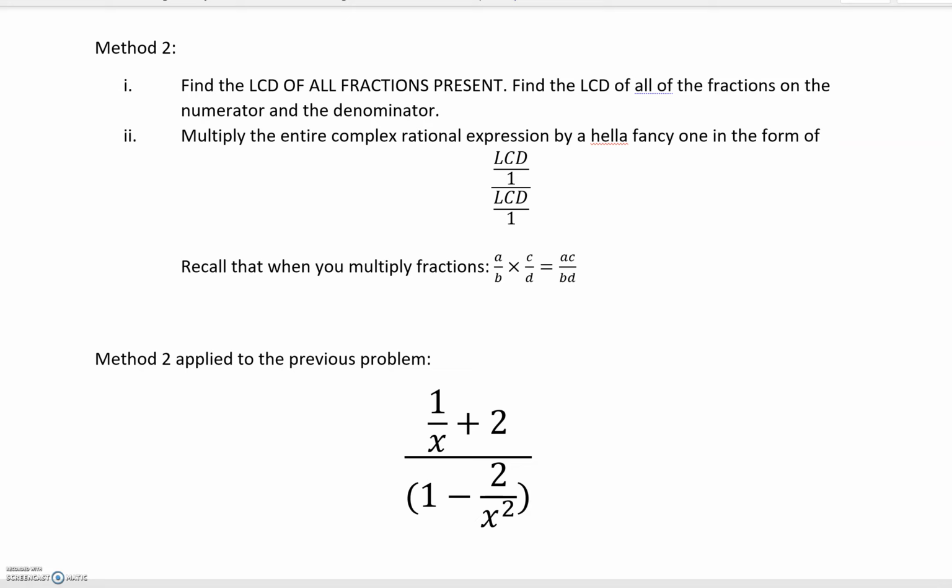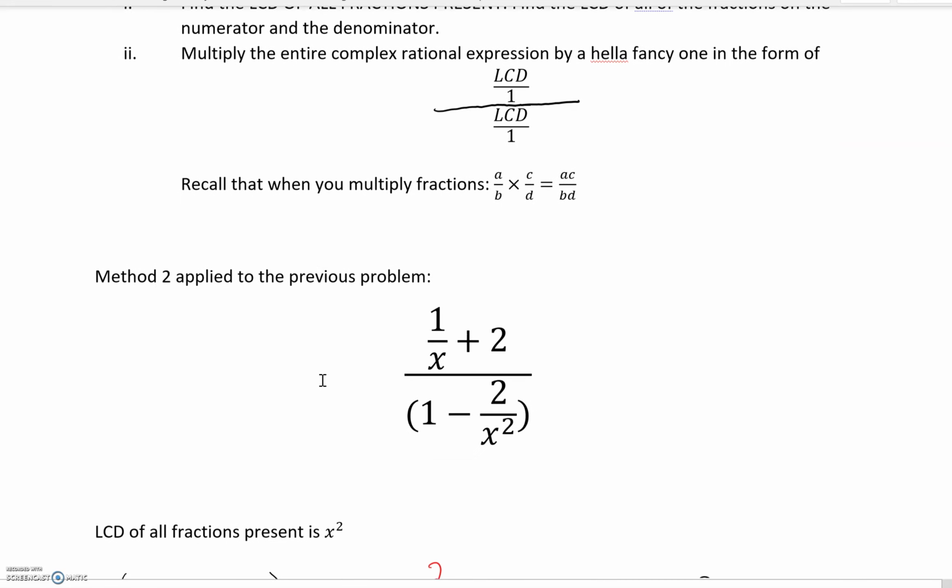And then what? You're going to multiply the entire complex rational expression by a fancy one of this form: the LCD over 1 divided by the LCD over 1. Remember that when you multiply fractions, you multiply straight across, and cross-cancel where you can.